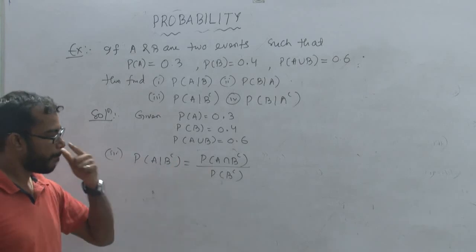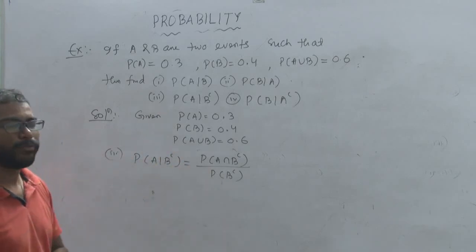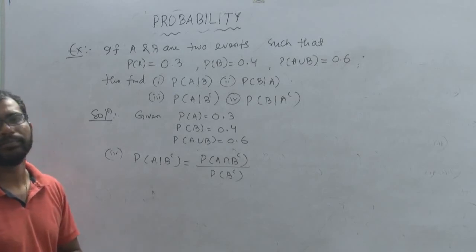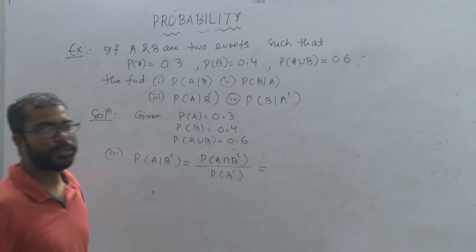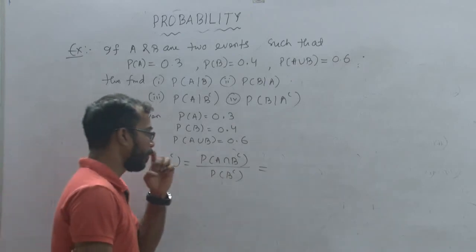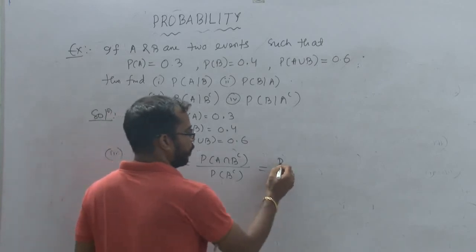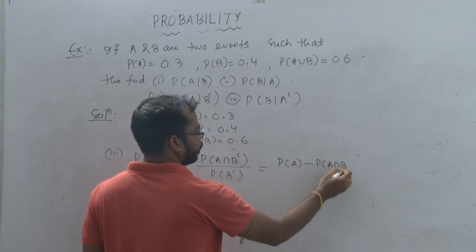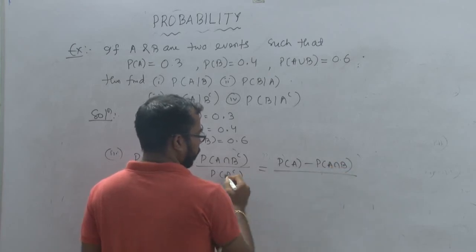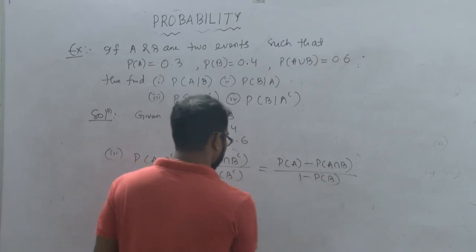So we can write probability of A intersection complement of B, then divided by probability of complement of B. So here we can use this formula, that probability of A intersection complement of B, that is probability of A minus probability of A intersection B, by probability of complement B, that is 1 minus P of B.